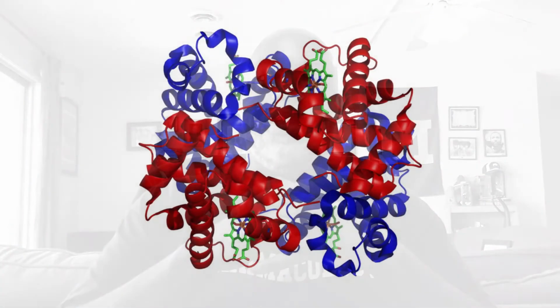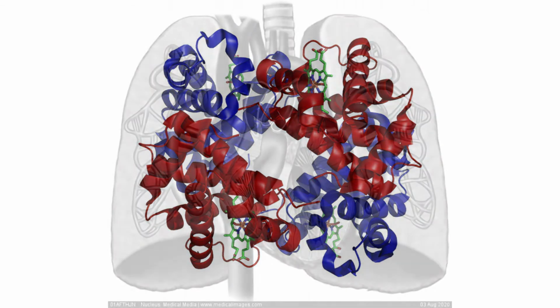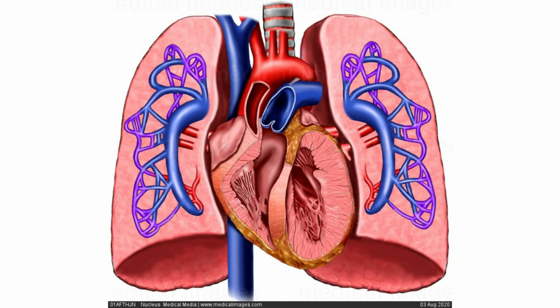So in this context, let's just say that that's a monomer. So that means that's one portion or one subunit of an entire protein. I'm going to use the example of oxyhemoglobin, which is the protein that carries oxygen from our lungs to our extremities and carries carbon dioxide back to our lungs so we can respire it and exhale it out into the atmosphere.